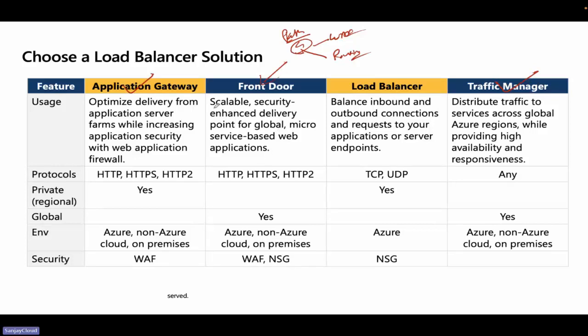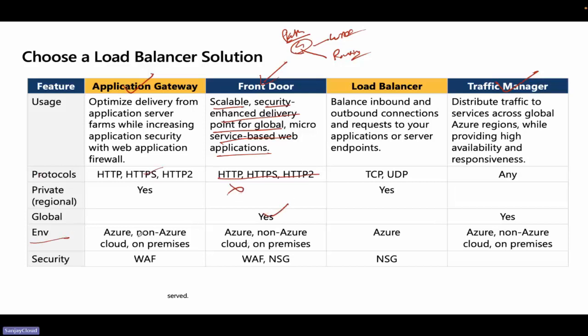So you will get the features of Traffic Manager and Application Gateway in Front Door in one service, which is a global service. It is scalable, because it's managed by Azure. It is a security-enhanced delivery point for global microservice-based web applications where we can use container services. Protocol: as in Application Gateway, it supports HTTP, HTTPS, HTTP/2, WebSocket. Region: no, it's a global service.